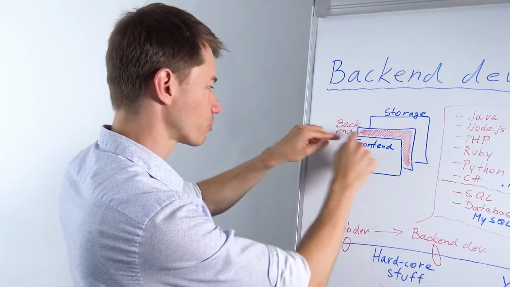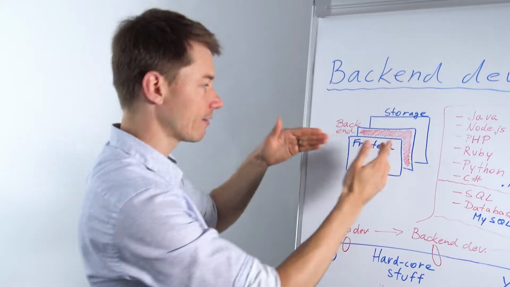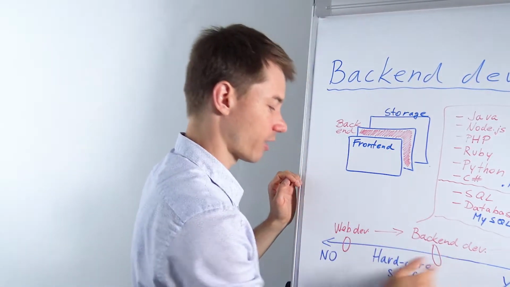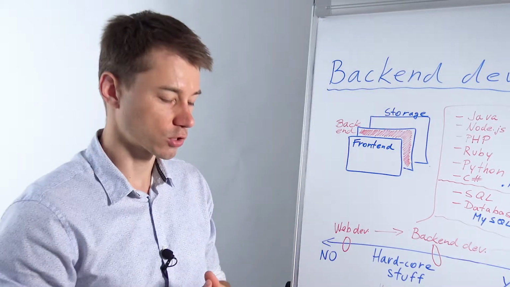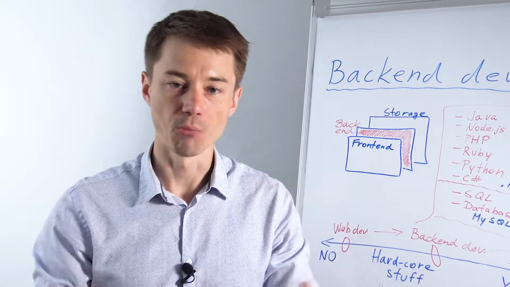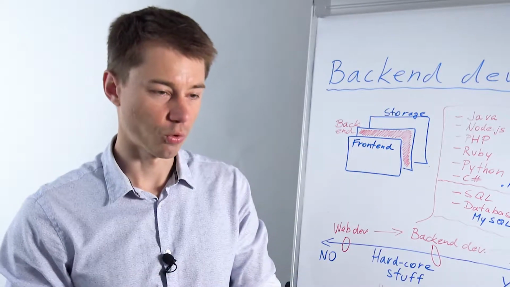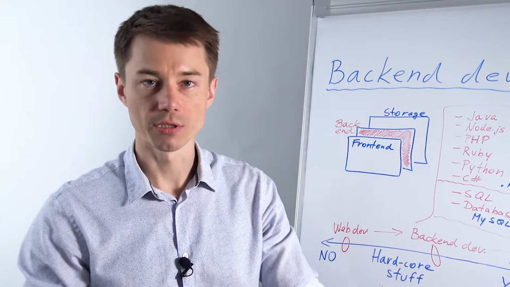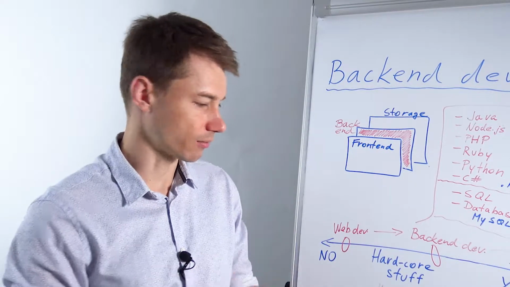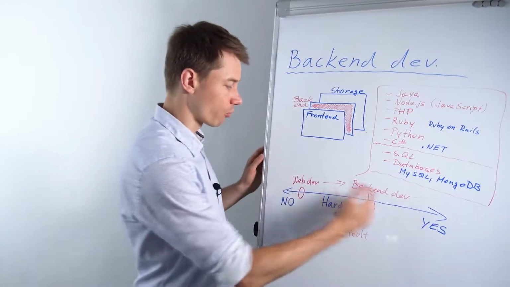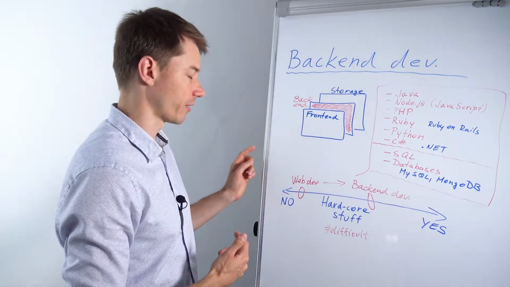A backend developer specializes on backend. So someone a little more hardcore, who works with more complicated systems and more complex solutions, say e-commerce solutions that process more data and more transactions.